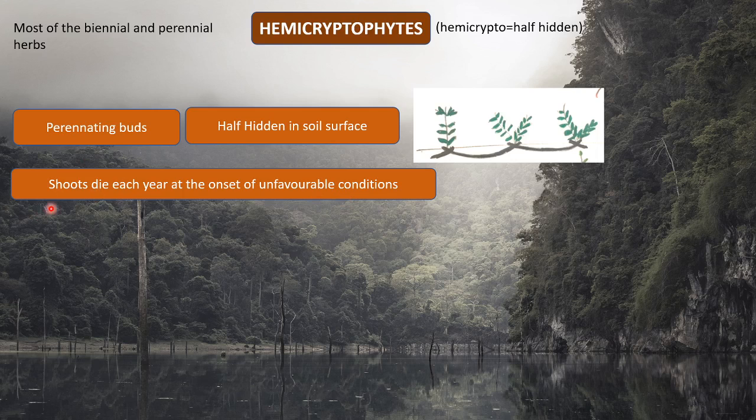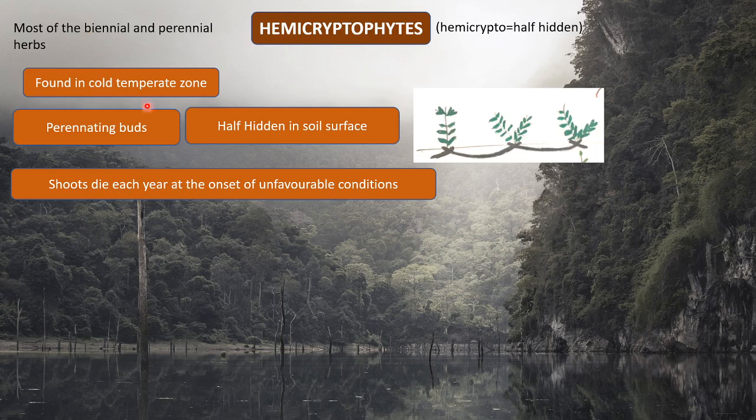So the shoots of such plants, hemicryptophytes, actually die each year because the condition is unfavorable for them during that time, and therefore the shoots die, right? These are mostly found in cold temperate zone, right? Temperate zones are areas where if there is cold, then there is very harsh cold, and if there is drought, then there is very harsh drought.